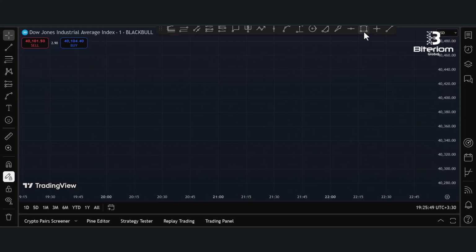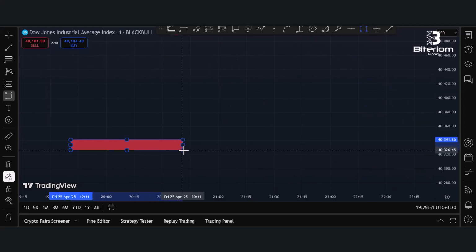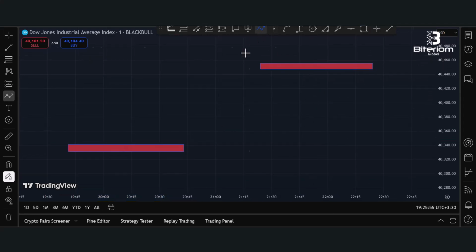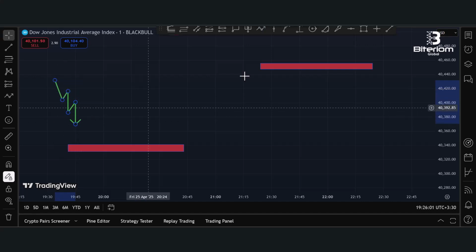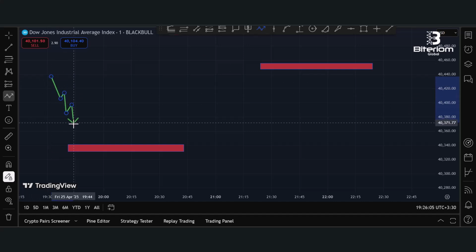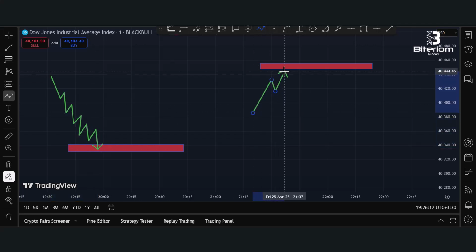Guys, for this strategy, we want to have a resistance or support zone. After that, we want to see one trend come to the resistance or support zone, like here.